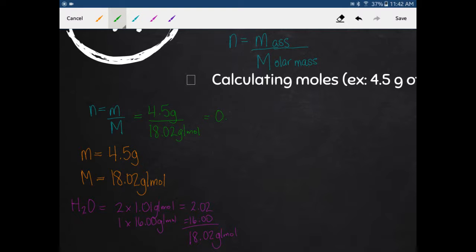So I'm just going to round that to 0.25. That would be appropriate significant digits. 0.25 moles. That's my unit. Now again, because I have my grams here and here, that cancels out. My moles flips over to the top of my equation, giving me my unit in moles. Okay, so that's how I would solve that one.